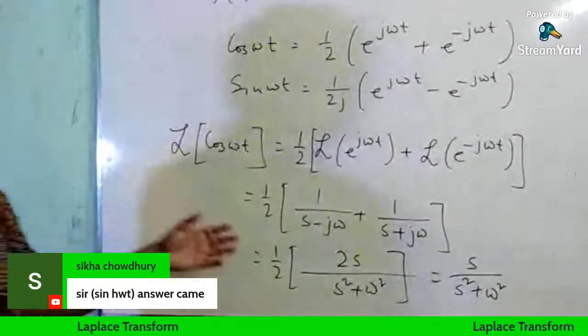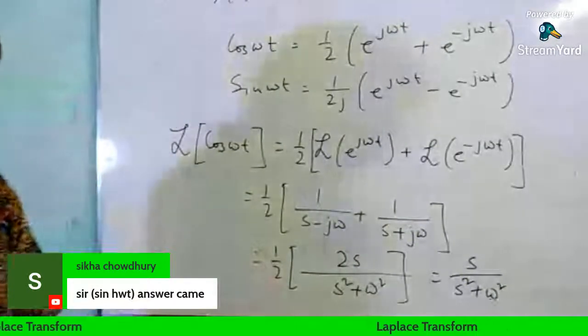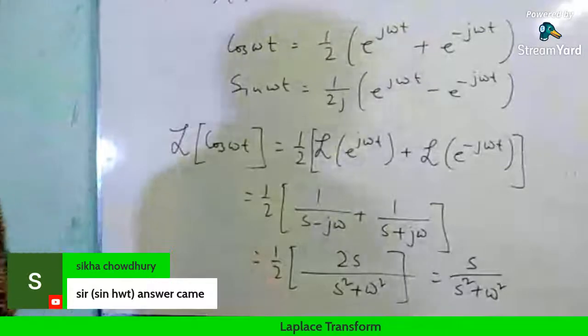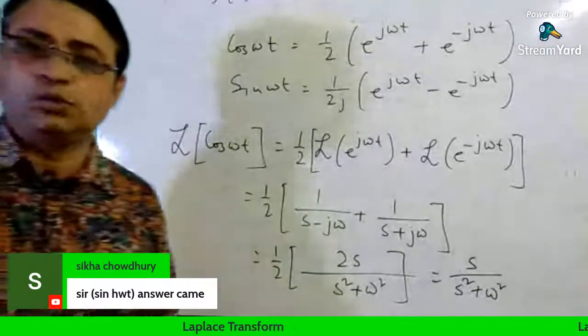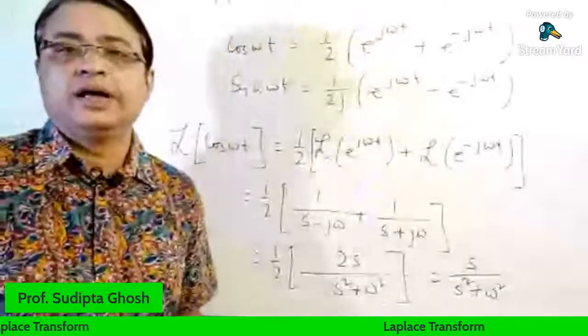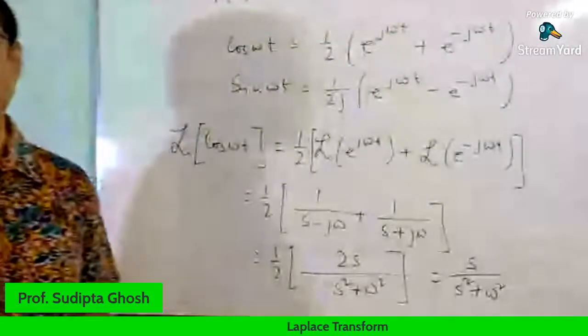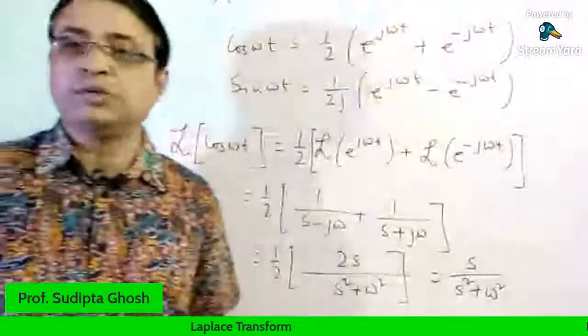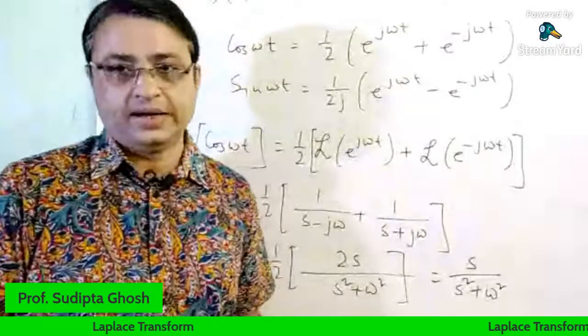That Laplace transform of cos omega t becomes s by s square plus omega square. So again, you have to find out the value of Laplace transformation of sine omega t.